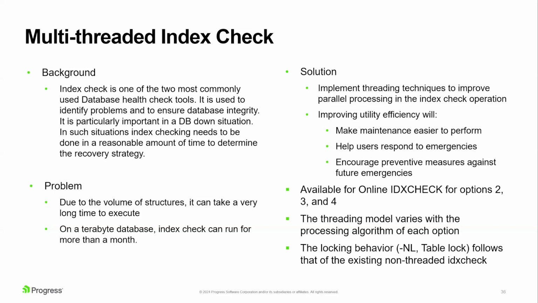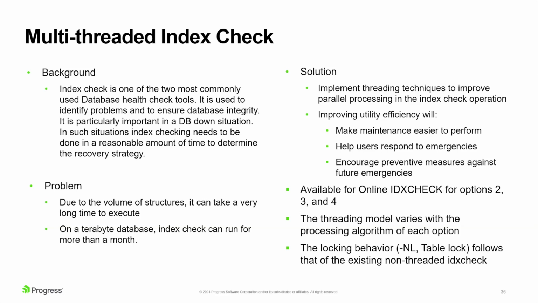This will help make maintenance easier to perform, help users to respond to emergencies, and also encourage using it preventively against future emergencies. Our threading ability on index check is available for index check options 2, 3, and 4, which are the most frequently used options.